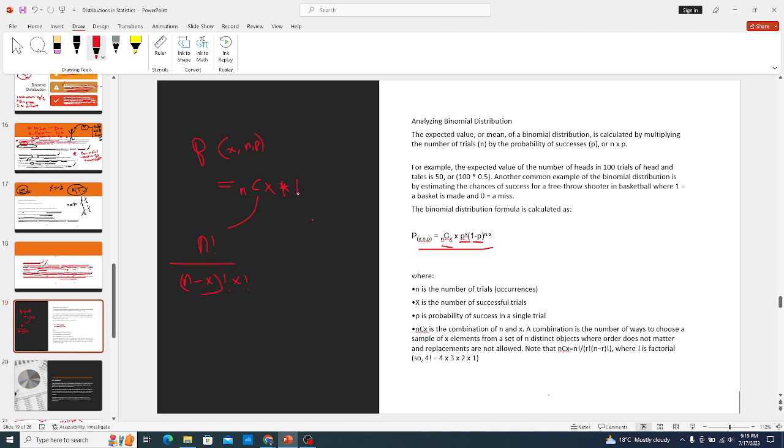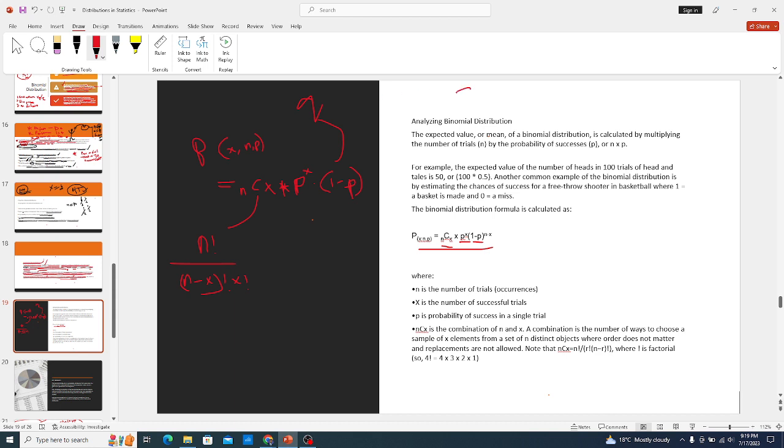the probability of success, raised to the power of the number of successful trials. Then multiply by 1 minus p. What is 1 minus p? 1 minus p is q.